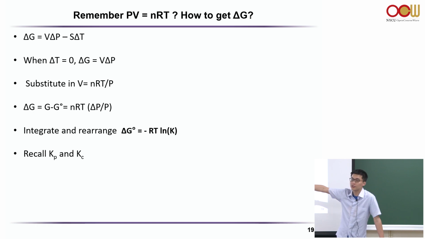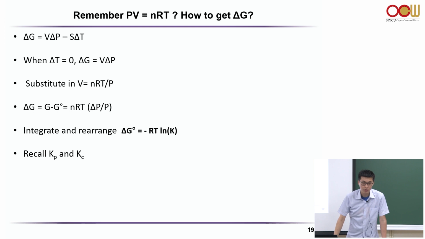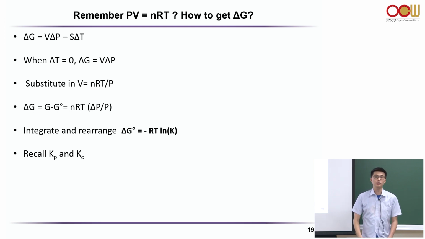You can transition from Kp, which is the pressure term, to the concentration term of an equilibrium constant. So basically, you can use the equilibrium constant by adapting this equation. You can calculate whether a reaction is energetically favorable or not. Because when we're talking about equilibrium, we generally do not discuss the thermodynamics of a reaction.